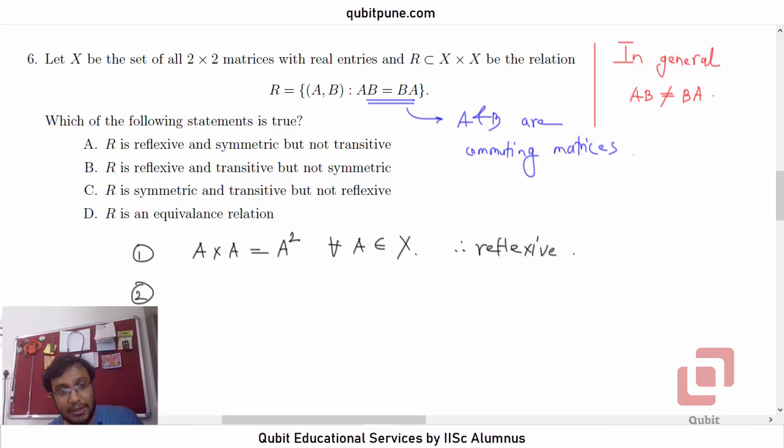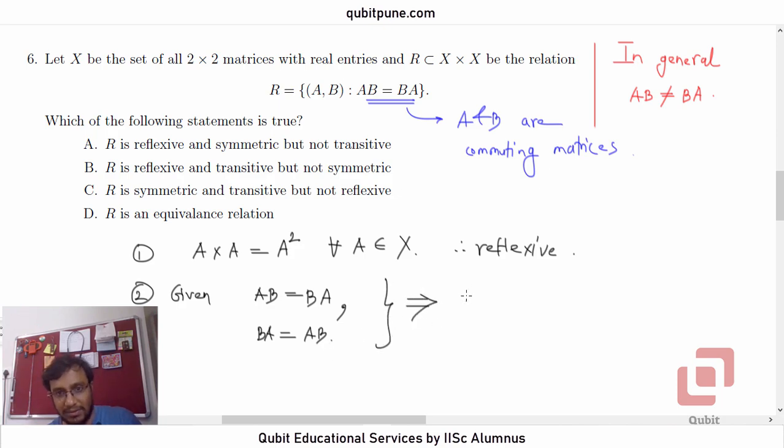Now is it symmetric? Of course it is symmetric. Given AB equal to BA, it will also mean that BA equals AB, isn't it?